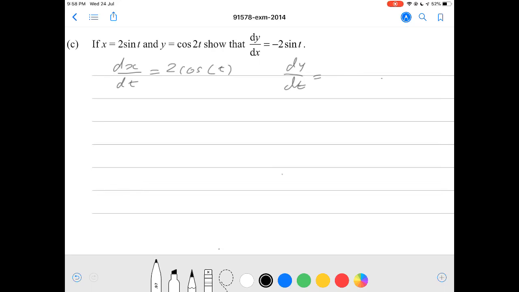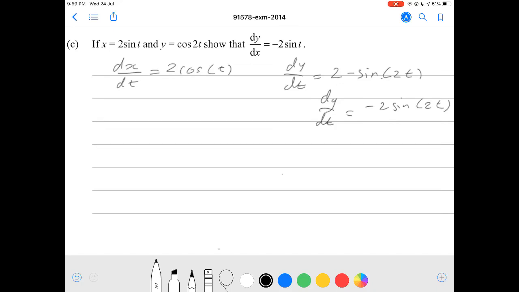Differentiating 2t gives us 2, so you move the 2 to the front, and cos differentiates to negative sine, so it becomes 2 negative sine of 2t. So dy over dt equals negative 2 sine of 2t.